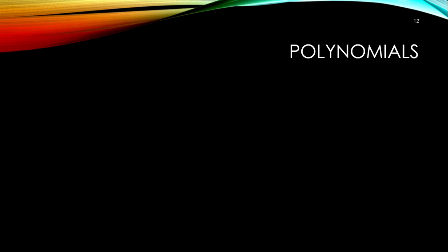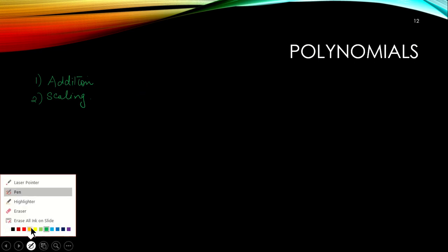Now polynomials. Again, we have to check these two properties, addition and scaling. We have to find out, when I add two polynomials, whether the result is also a polynomial. So let's write some polynomials over here.